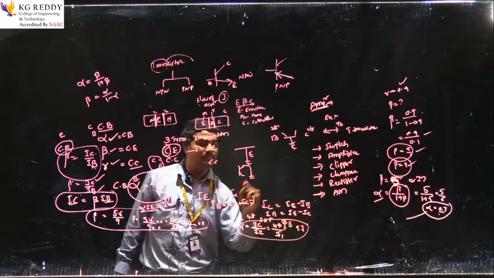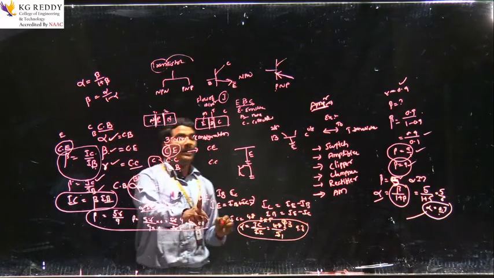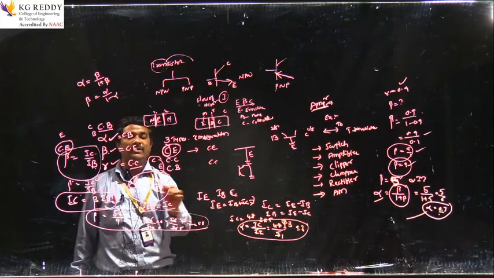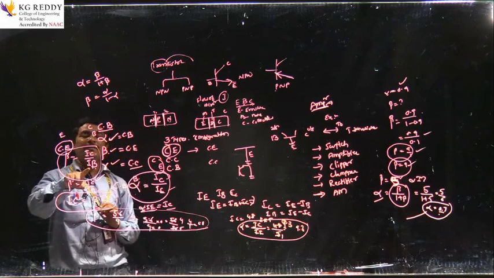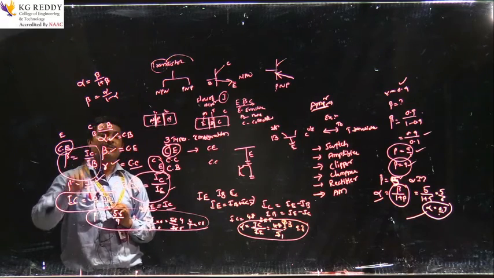Depending upon the situation, if IC and IE are given, find out alpha value, you have to take this equation, and if IC and IB are given, find out beta value.